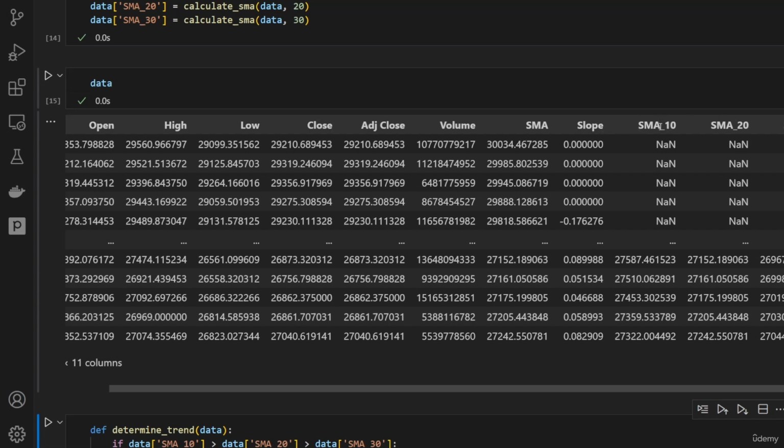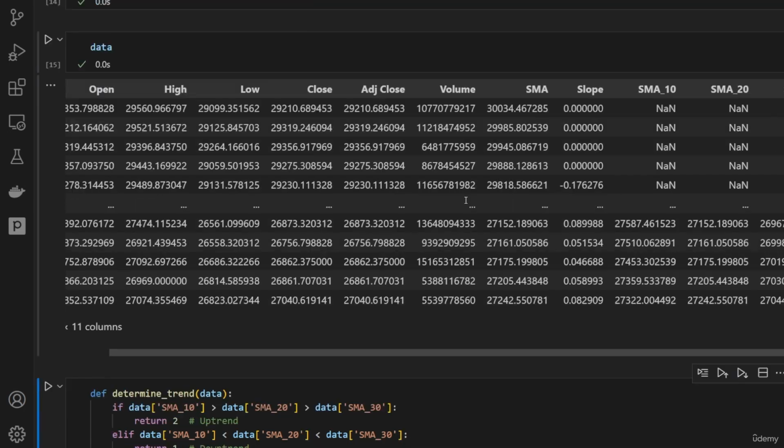And in this case, we have an uptrend. In the opposite case, when they are ordered in different directions, so 30 is above, 20 is above 10, we consider that we have a downtrend because the SMA 10 is pointing downwards, but it's preceding the SMA 20, which is preceding the SMA 30, which is the slowest changing moving average here in our case.